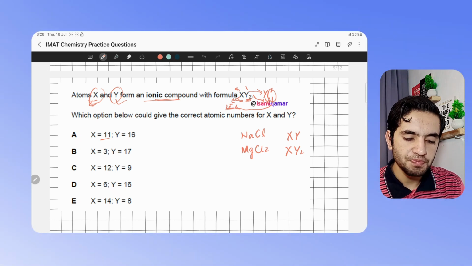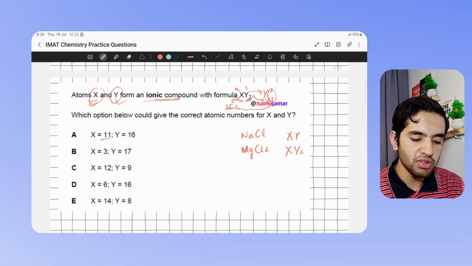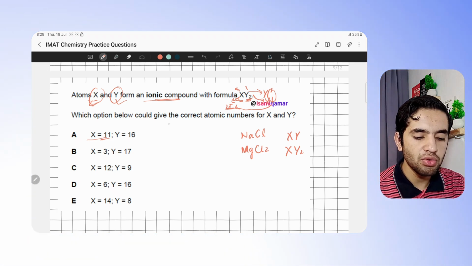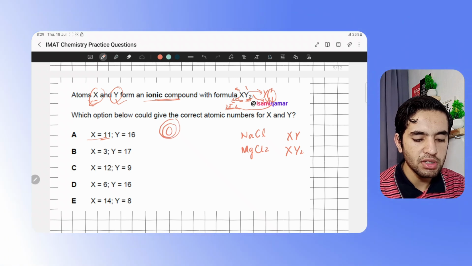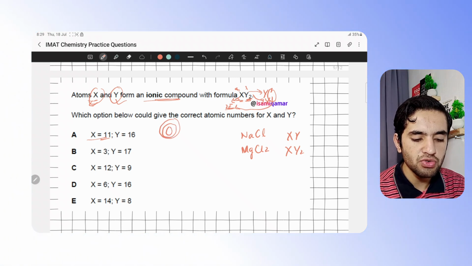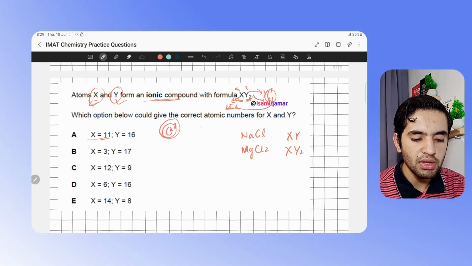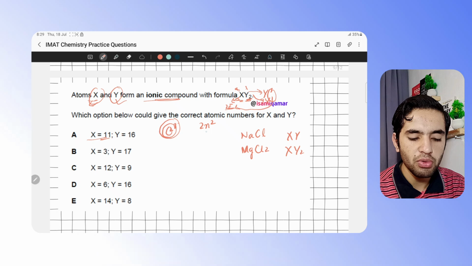Now let me tell you, you have to find the valency. For example, X11, and if you don't know about the atom, it has K, L, and M shells. The first shell accommodates 2 electrons and the third shell 18. This is the 2n² rule.